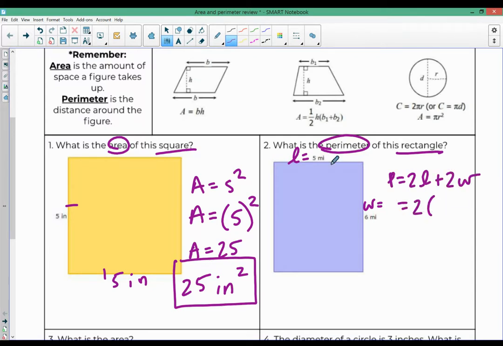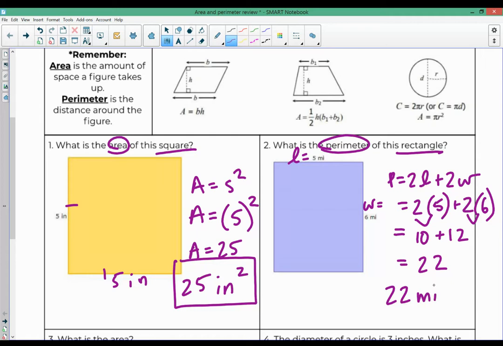So that's 2 times 5 plus 2 times 6. 2 times 5 is 10, plus 2 times 6 is 12. So that's 22. So that'll be 22 miles perimeter. It'll also work if you labeled this also as 5, and that also is, miles, as 6 and added all of those sides together.